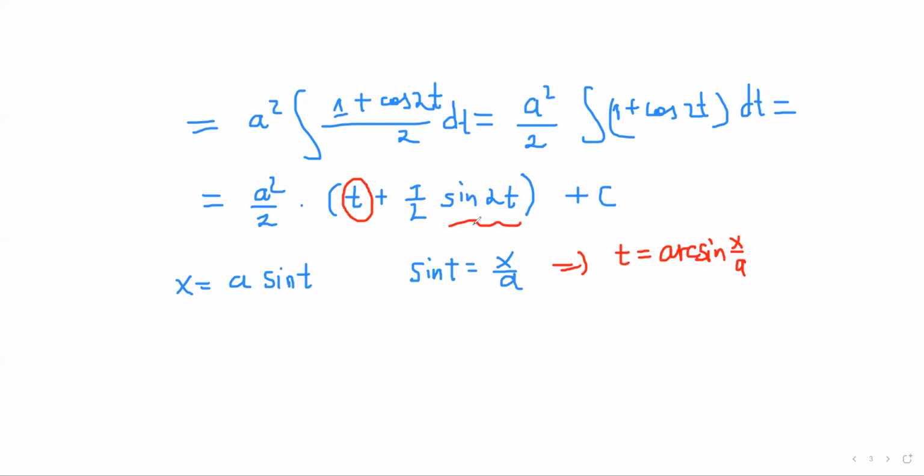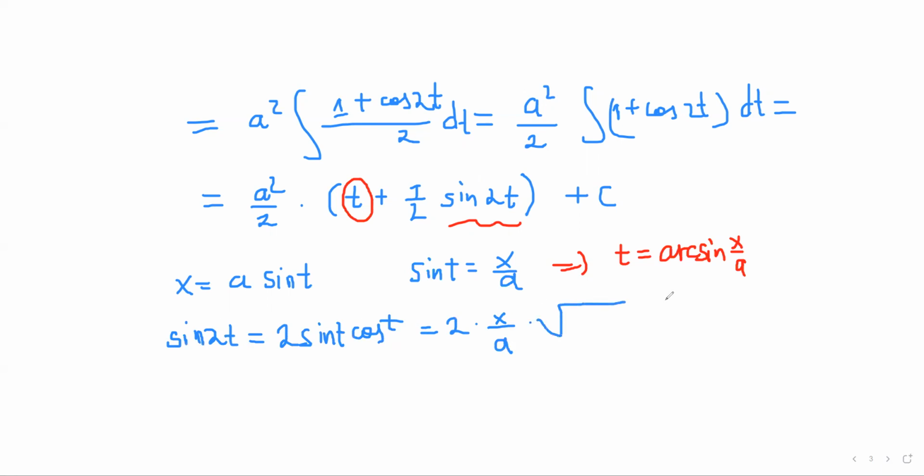Now let's try to find sine 2t. We know the formula for the double angle. It's going to be 2 sine t cosine t. So it's equal to 2 times sine t, which we said is x over a, times cosine t.